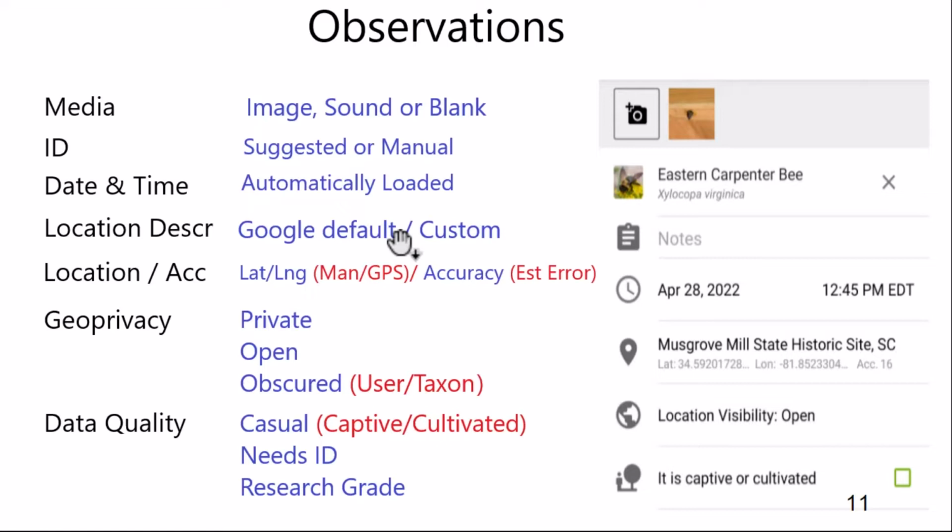Now the obscured ones, there are basically 2 ways that happens. If you're doing a lot of observations in your neighborhood and you don't want everybody to see a huge cluster there, you can obscure them all, and basically it just moves the location.